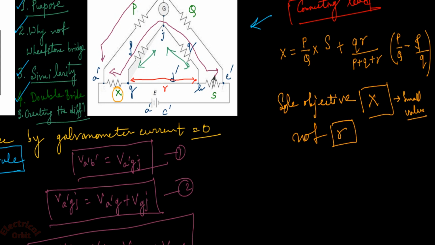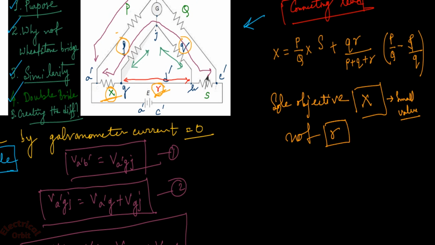We are varying S, we are connecting this P, Q as an additional inner arm in Kelvin double bridge to measure this X or unknown resistance, to cancel out this small contact resistance that is R. Clear? And the equation I have written here is the way how we could determine the value of this unknown resistance, that is X?